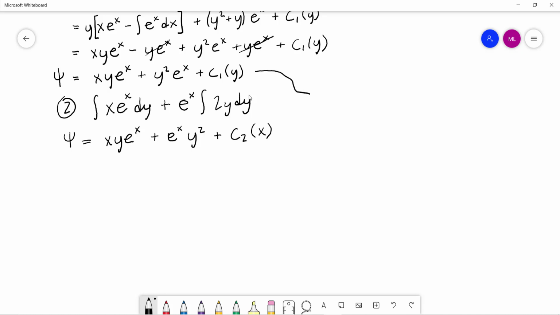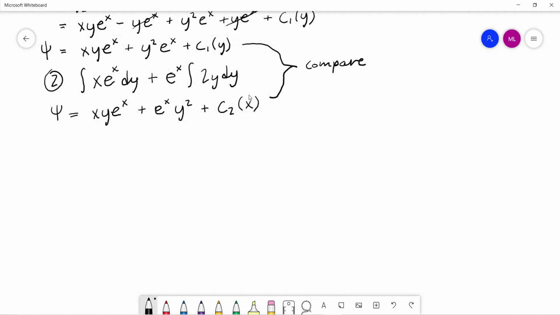And so here's our second guess for what psi could be. And so if we compare these and find all the common parts, we get that psi equals, they both have an xy e to the x term, they both have a y squared e to the x term, and then there's nothing for these two pieces respectively to match to. So it's just going to be xy e to the x plus y squared e to the x.